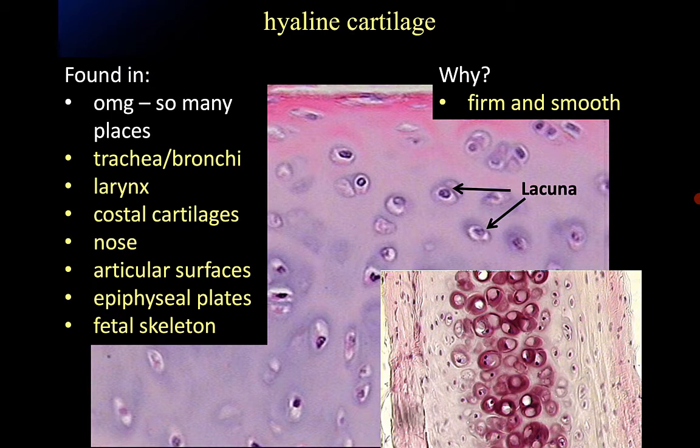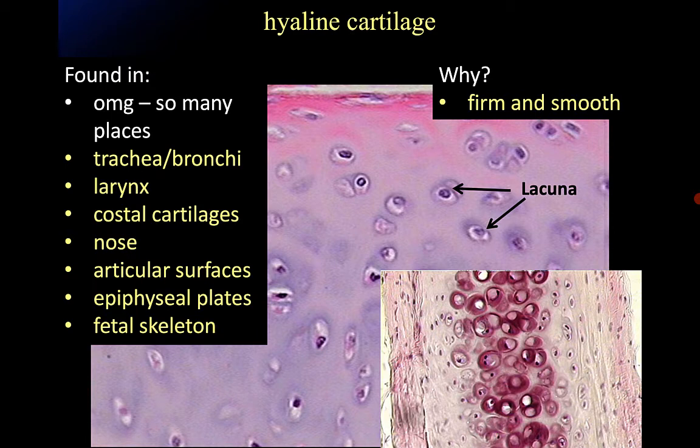And as far as the smoothness goes, we have this on the articular surfaces of our bones. This is the cartilage that forms that joint surface. It's the cartilage that gets damaged and then ends up giving us arthritis. So we do have this in a couple of other places. It starts out for most bones as cartilage in our fetal skeleton.